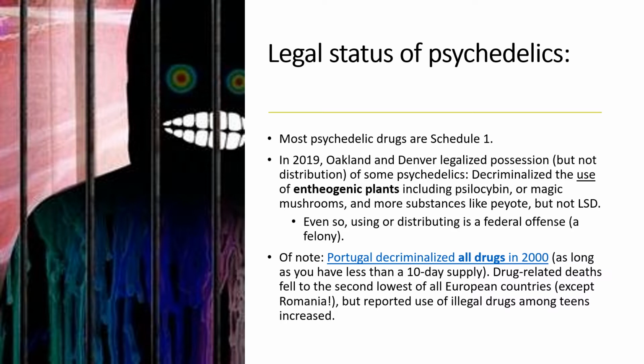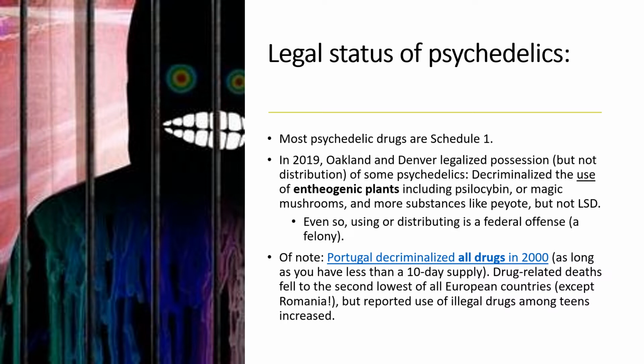Some interesting news just last year, the cities of Oakland and Denver legalized possession, but not distribution, of some psychedelics. They basically decriminalized use of entheogenic plants. I mentioned entheogen before, and that includes psilocybin, or magic mushrooms, and peyote, which has mescaline in it. But they didn't touch LSD.